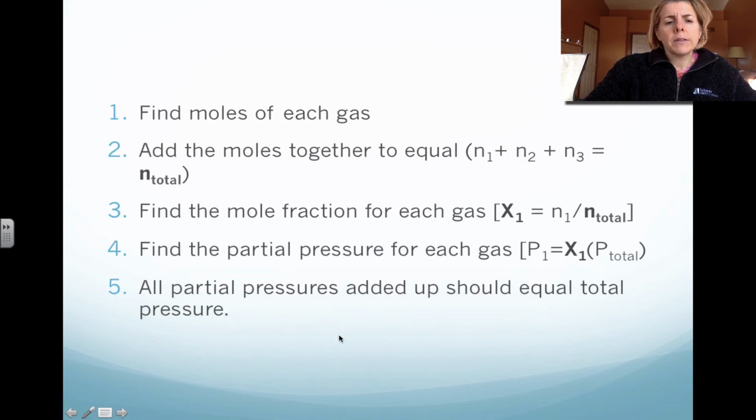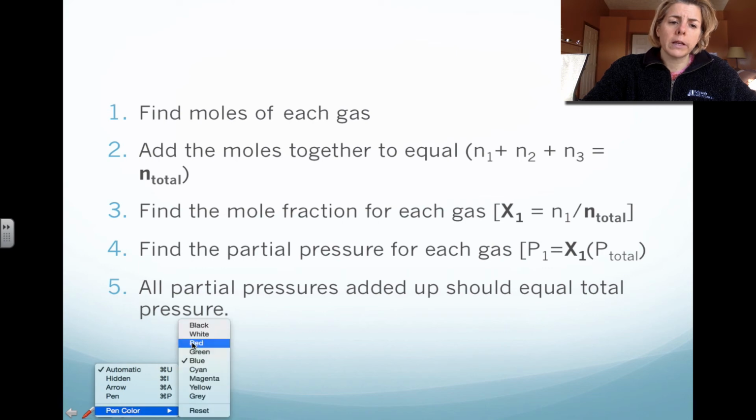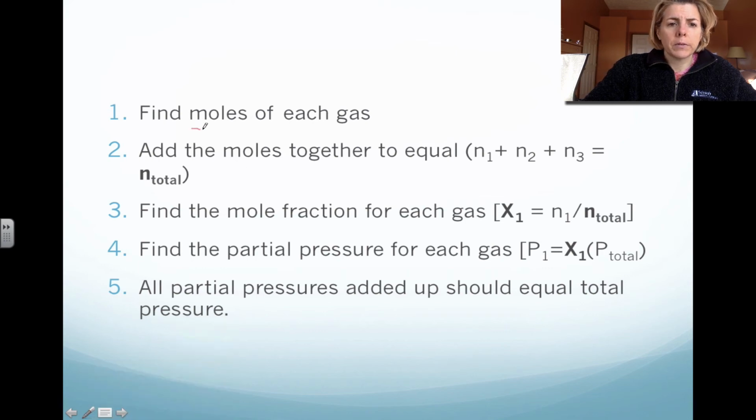Solving these kinds of problems, the first thing is to figure out the moles of the gas. That's the very important step number 1. Then you add the individual moles to get the total moles, so you can get the denominator. Then you find the mole fraction of each gas. Like I said, it's the individual moles divided by the total to give you the mole fraction.